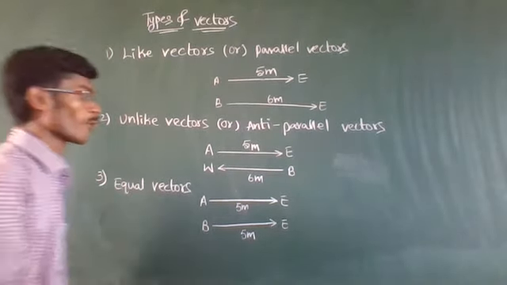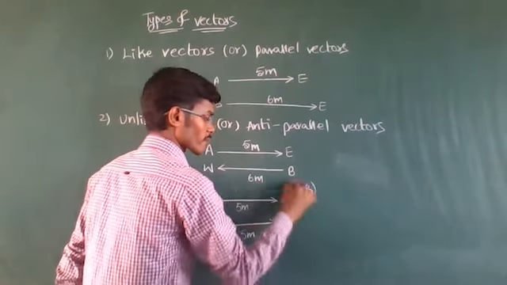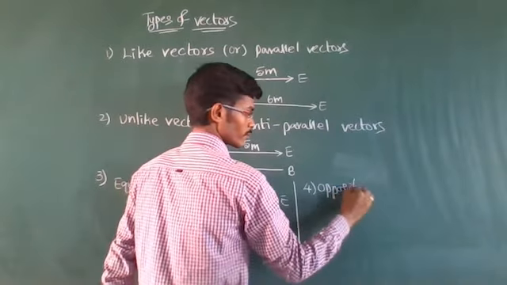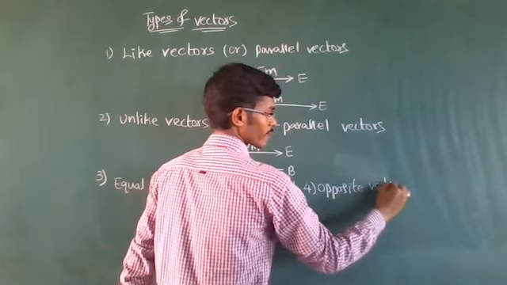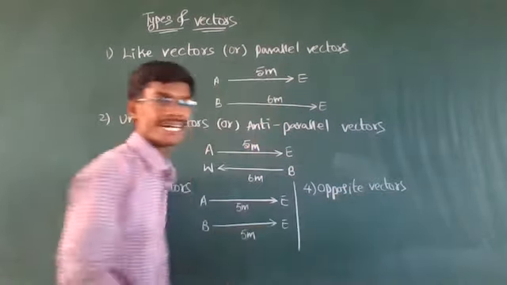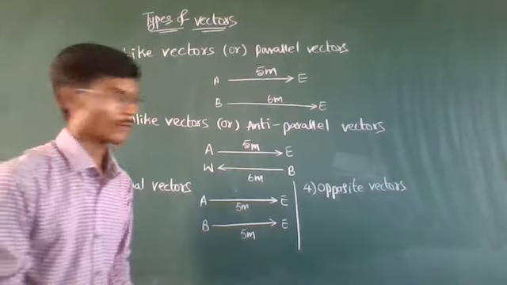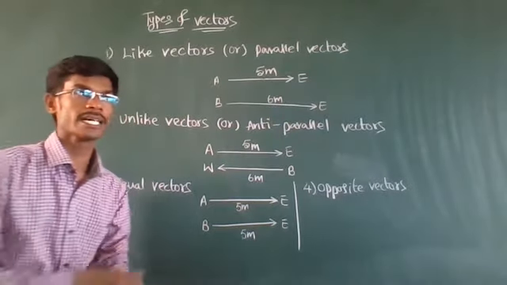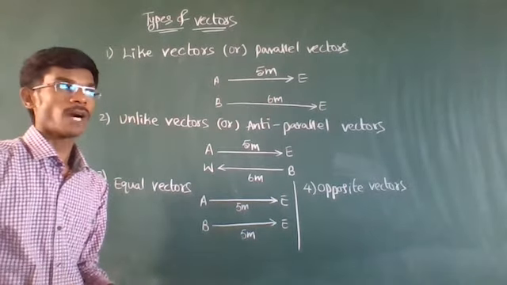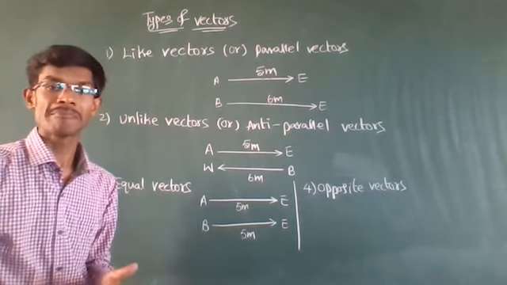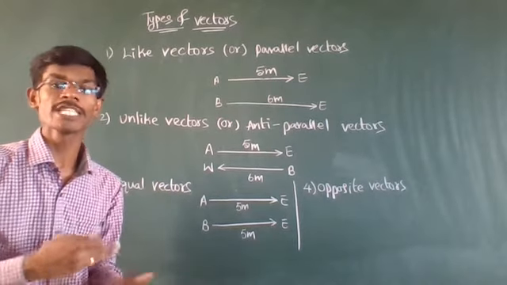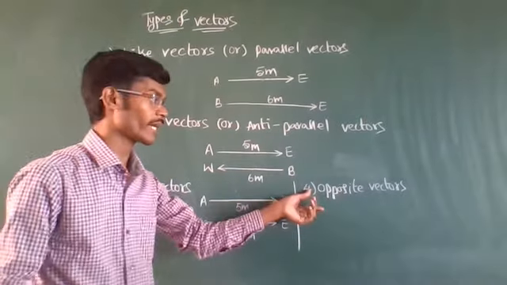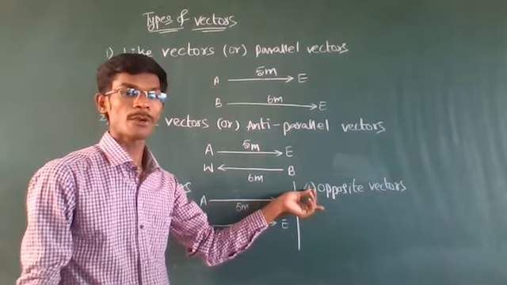Then what are opposite vectors? Opposite vectors can also be called negative vectors. Vector quantities which have the same magnitude but are opposite in direction, those vector quantities we call opposite vectors.